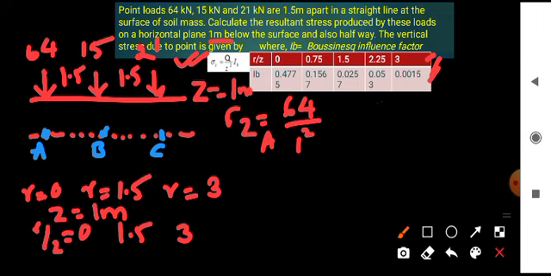So these three values we have to refer now, before taking the Bose-Einstein influence factor. First, we have to see r by z is equal to 0. R by z is equal to 0 means this value we have to pick: 0.4775.